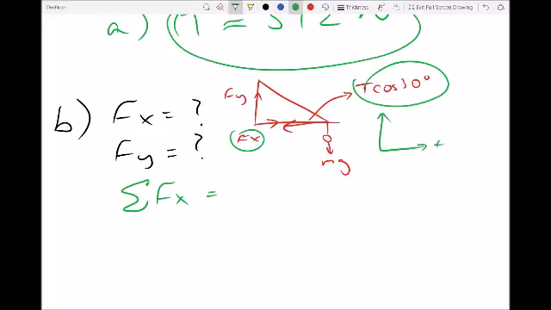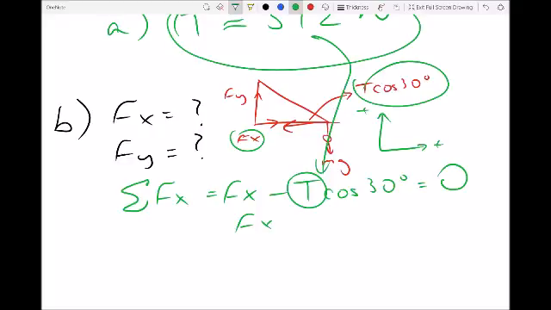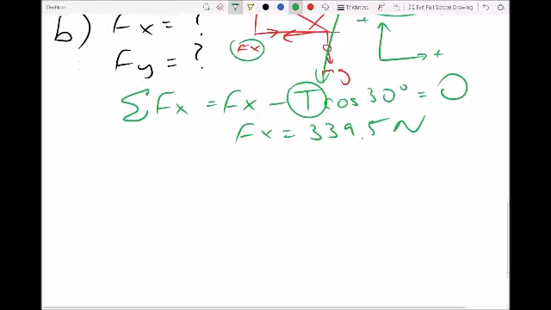So we'll use up is positive, right is positive for our coordinate axis. If we just solve that through and plug in our tension, which we solved, we'll get F subscript x equals 339.5 newtons.